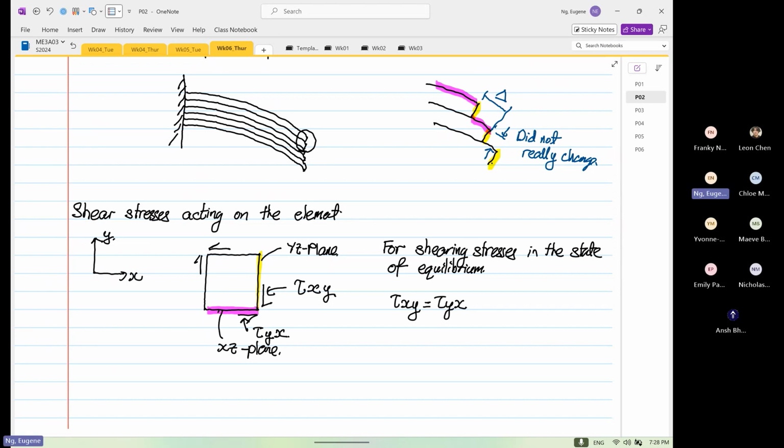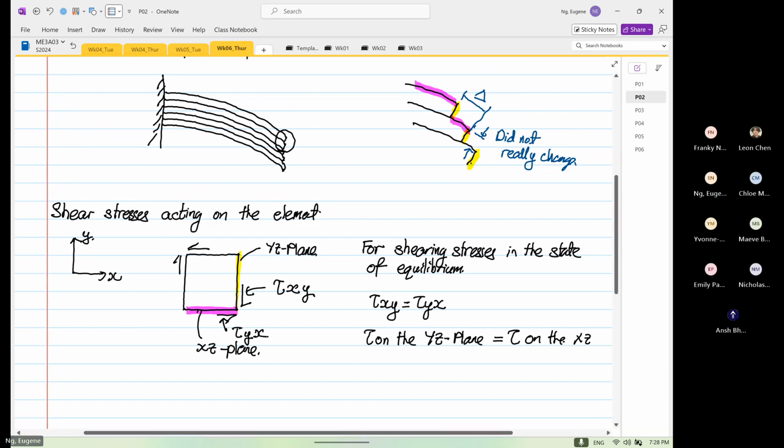Okay, so whatever you calculate, the shear on the yz plane is equal to the shear on the xz plane.